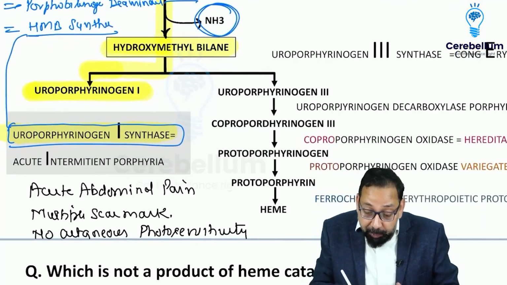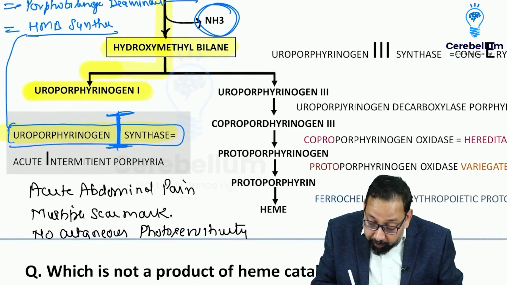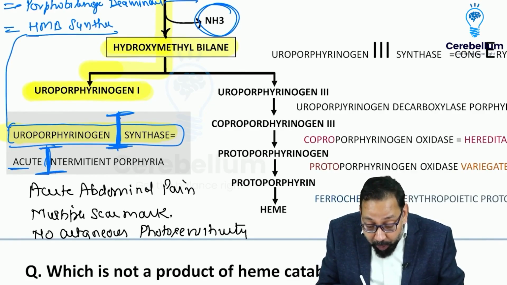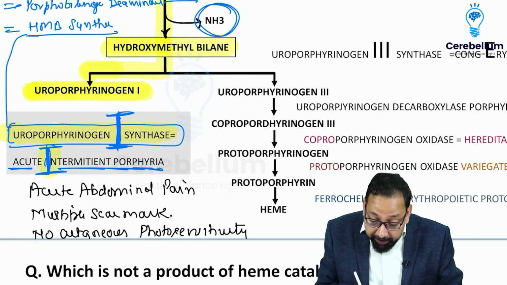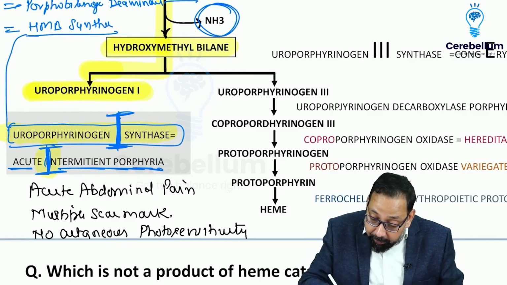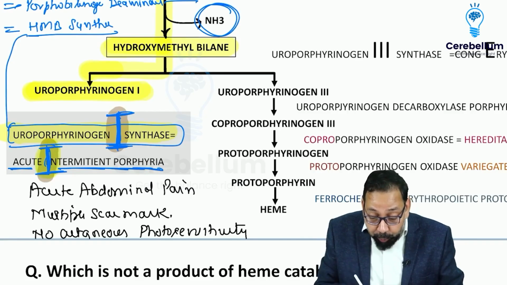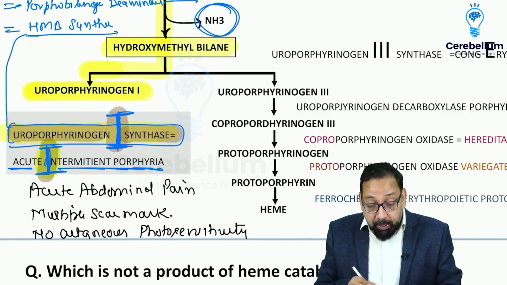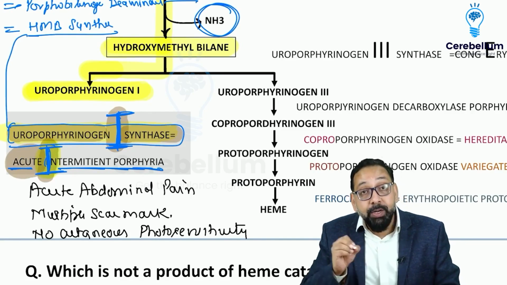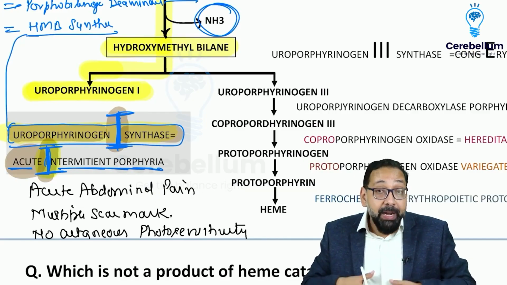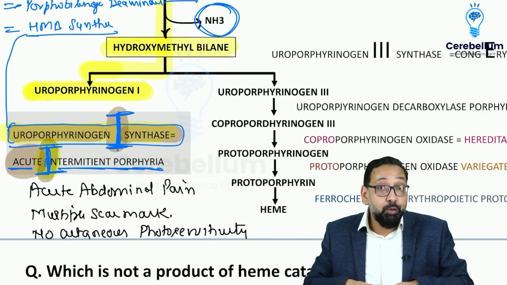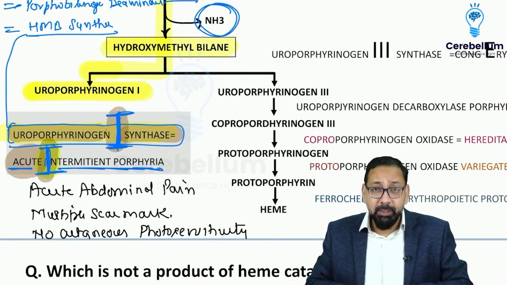If uroporphyrinogen 1 synthase is deficient, one looks like I, leading to acute intermittent porphyria. Mnemonic: intermittent I, and I looks like 1, uroporphyrinogen 1 synthase. The name itself tells you acute intermittent porphyria will present with acute abdominal pain, and many times this pain is so severe that surgery is done, so multiple scar marks in these patients would be there.